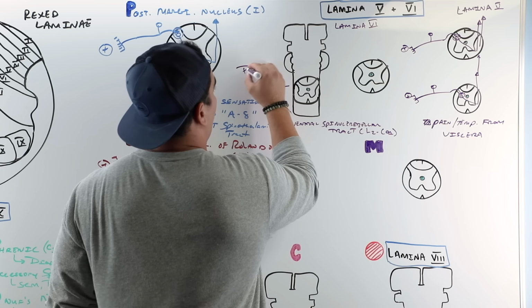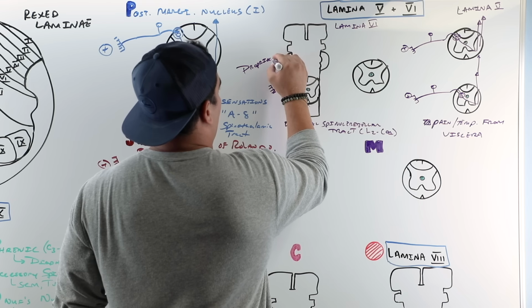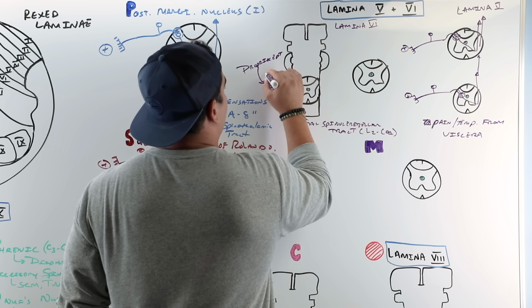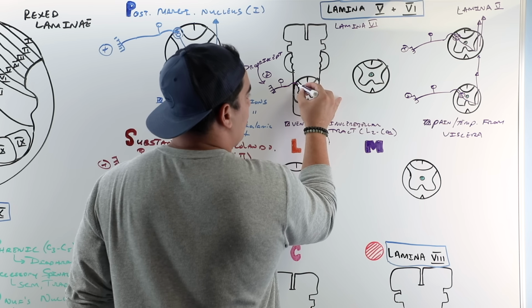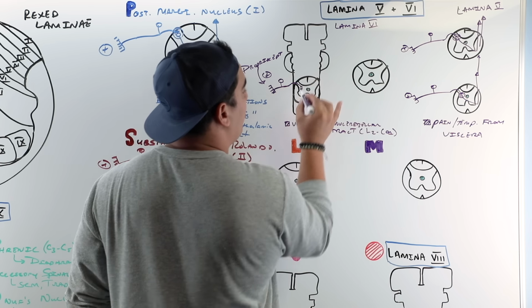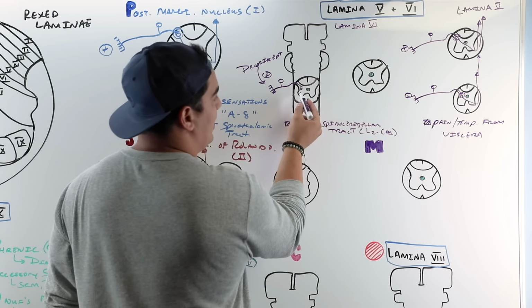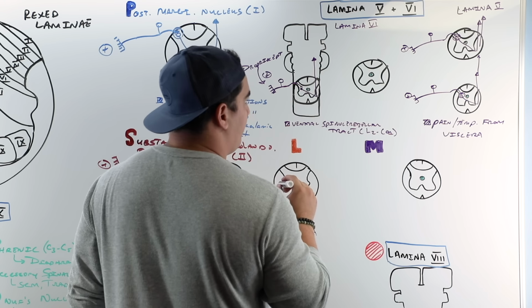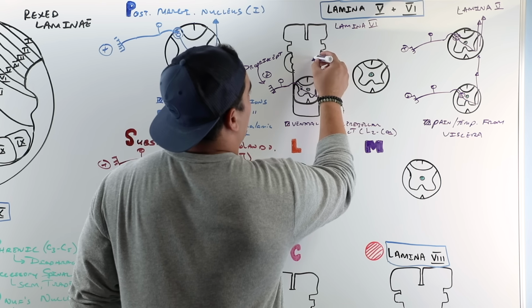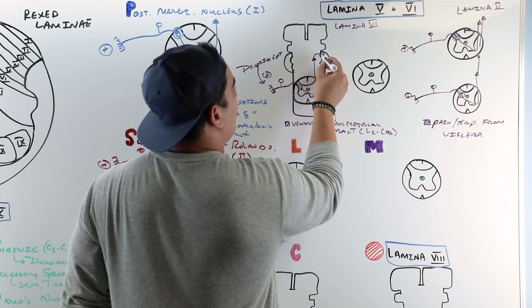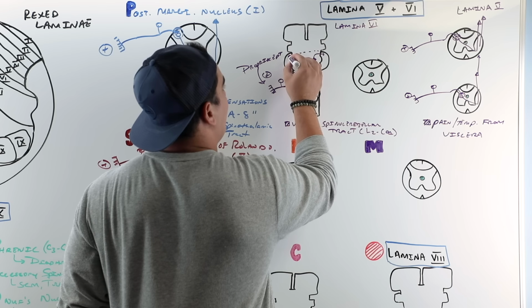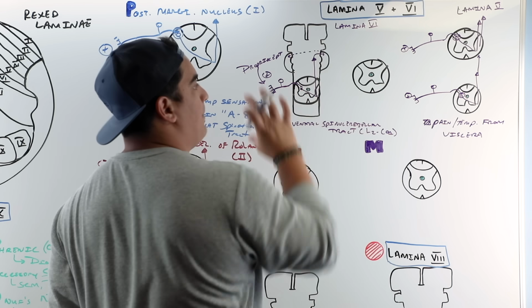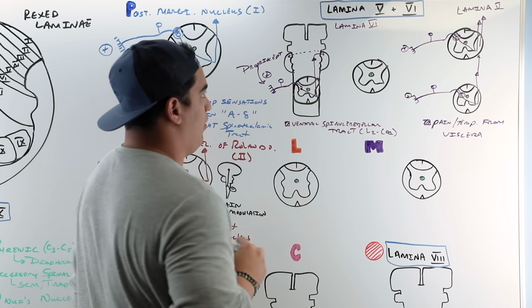That proprioception stimulating these sensory neurons will come into your dorsal gray horn, synapse on the cell bodies here, cross over, and then ascend upwards as your ventral spinocerebellar tract. Eventually that tract will move into your cerebellum via the superior cerebellar peduncles and then cross behind and come to the cerebellum on the same side as the stimulus. So that's one thing I want you to remember.